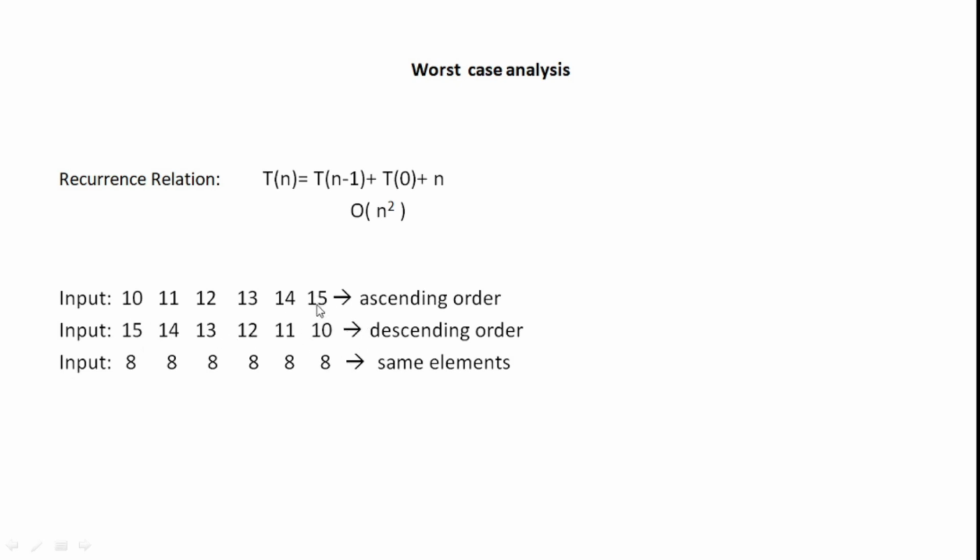Let me take 10 as pivot, then i will be pointing at -1, j will be pointing at 0, then 15 is compared with 10, 15 is greater than 10, so there will be no change. Sorry, we are not incrementing the value of i here, we were incrementing the value of j here. So j and pivot are compared, greater, there will be no change. 13 will be compared, greater, there will be no change.